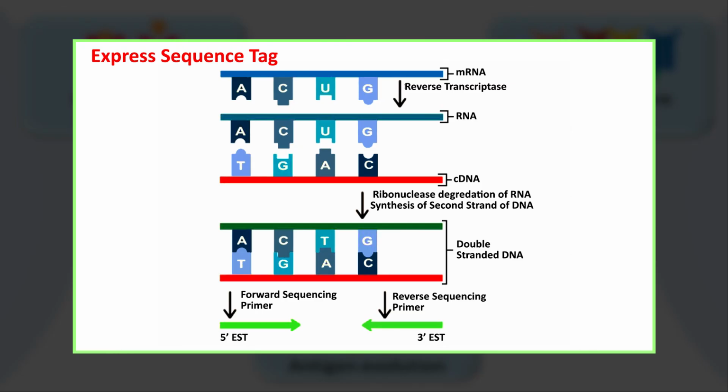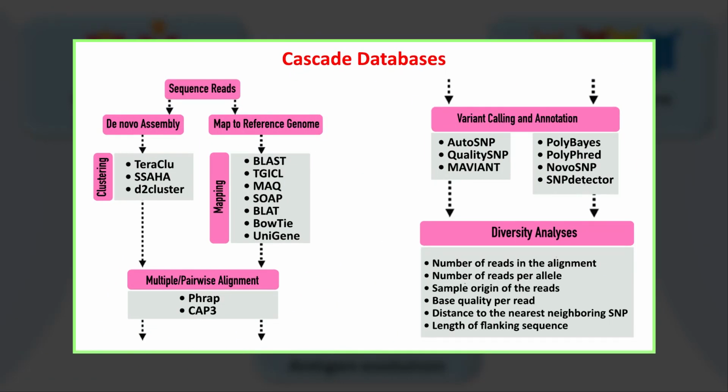Expressed sequence tag, that is EST, libraries are a valuable resource for the study of conservation and evolutionary genetics using bioinformatic tools, by cascade databases called in silico or SNP mining pipeline.